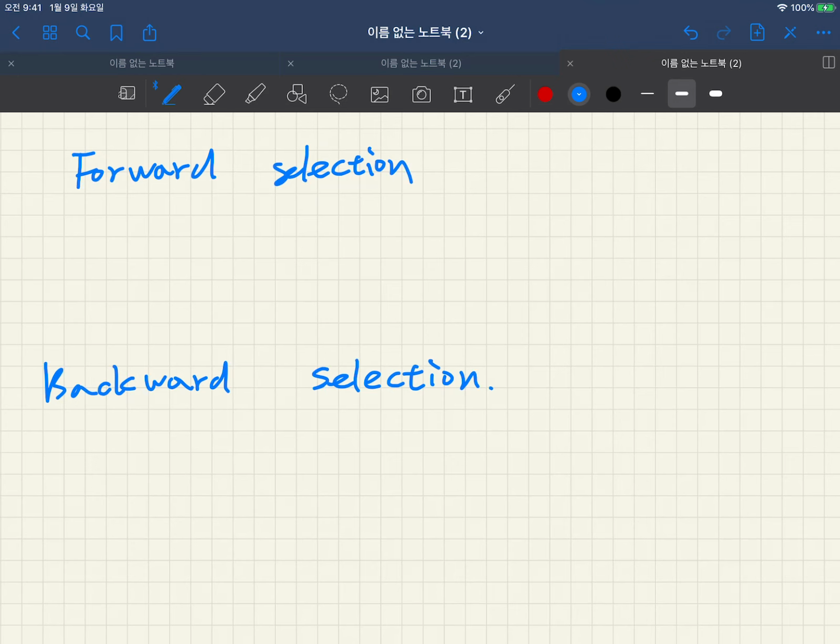What is the idea? Forward selection and backward selection are pretty much the same. The only difference is that forward selection starts from empty predictors and backward selection starts from the full predictors. Okay, so in forward selection, at the first step, first train the model with beta 0, just a constant model, and then see the RSS value.